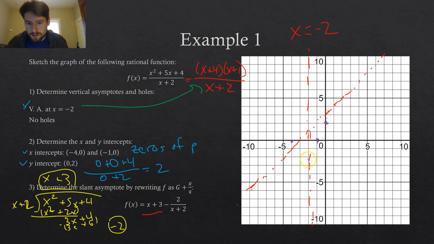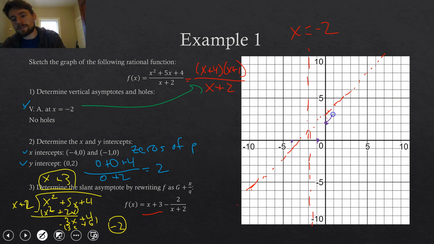It makes more sense for it to zoom down, because otherwise it would have to do some weird U-y thing right here. So we can see, based off of this part, that it does approach that line in this nice way. And as we curve down towards negative 1, 0, it would be very bizarre for it to zoom up.